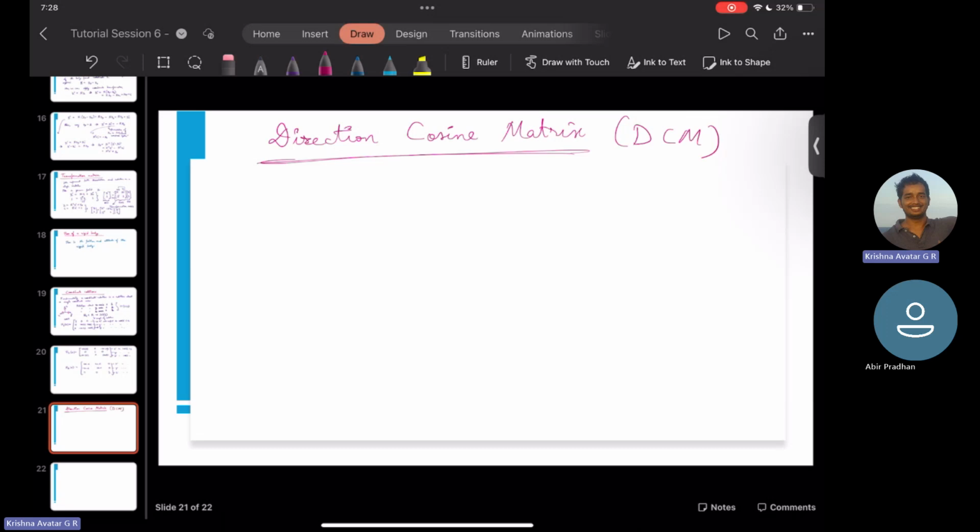It's an indispensable tool in rigid body dynamics, and of course in robotics or any rigid body dynamics studies. So any rotation matrix can also be called a direction cosine matrix, DCM.